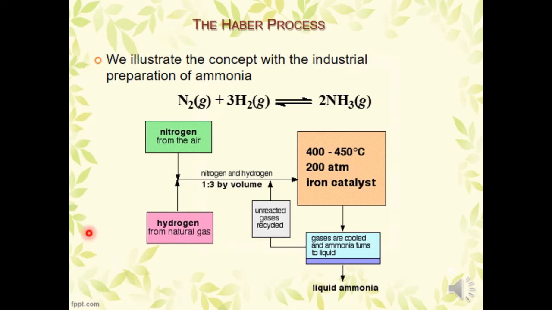So if you remember in the previous lecture, the factor that will affect the value of equilibrium constant is temperature. So when we increase the temperature of this reaction here, the value of the equilibrium constant will decrease.